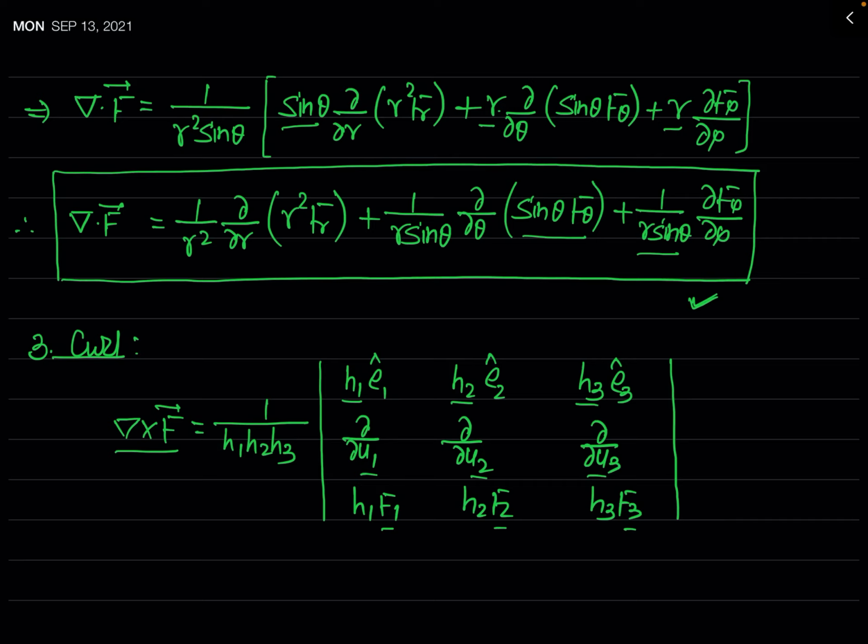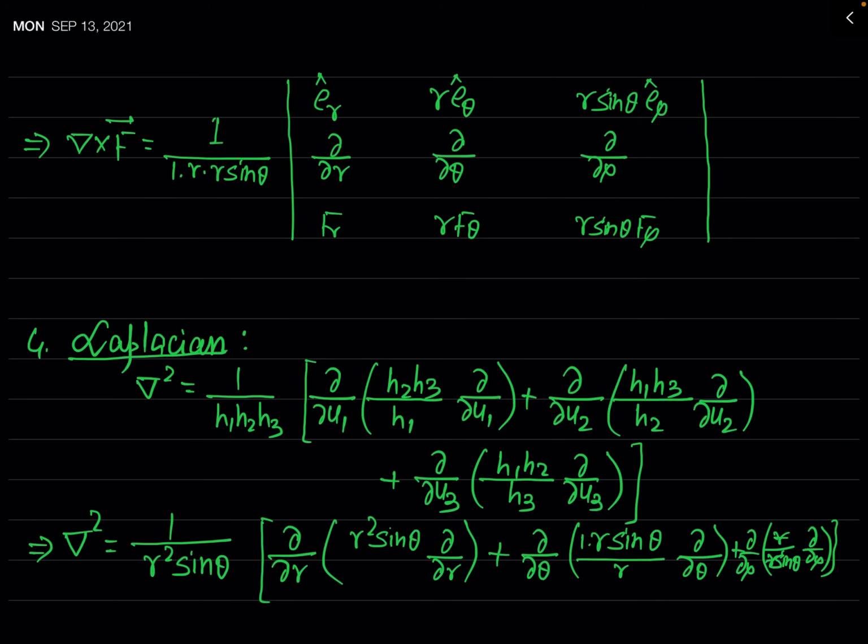So after using the appropriate values of h1, h2, h3 which we have obtained in the orthogonal spherical polar coordinate system, the expression for the curl of f will be like this. This is in fact 1 over 1 times r into r sine theta, and this product will be simply equal to r square sine theta.